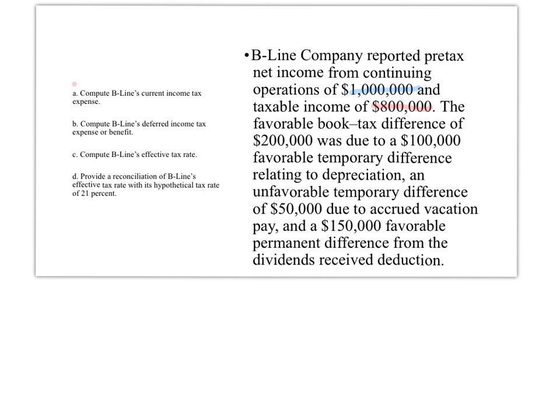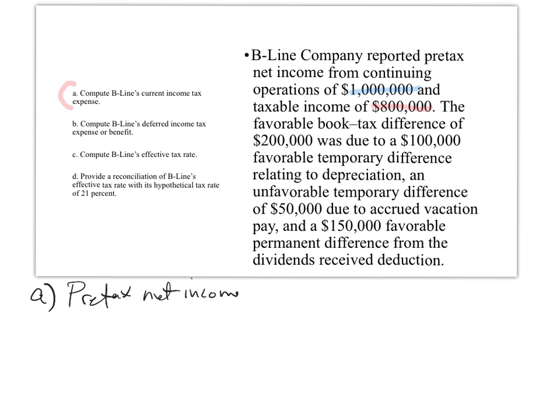So part A says we need to compute B line's current income tax expense. All right, so let's think about what goes into current income tax expense. For part A, we're going to start with our pre-tax net income.